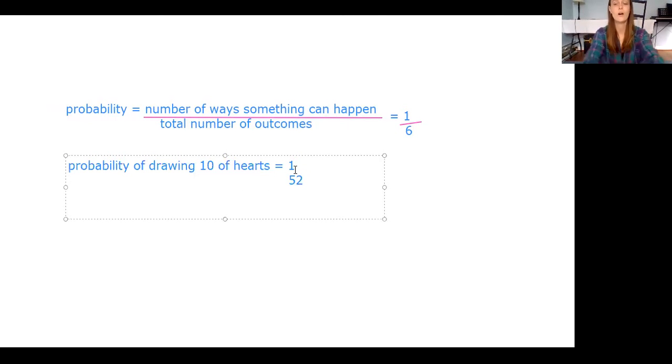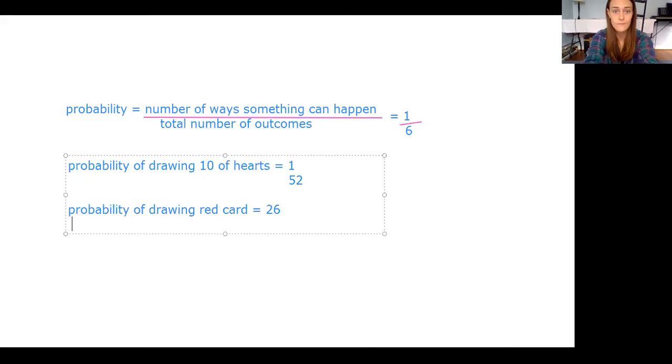Okay, now this is going to be different. I said I want to draw the probability of drawing a red card. Now, if half of the deck is red, that means that only 26 of the cards are red. So I have 26 ways of drawing a red card out of 52 playing cards. Okay, so that's kind of an example of how probability would work when we're using a dice.